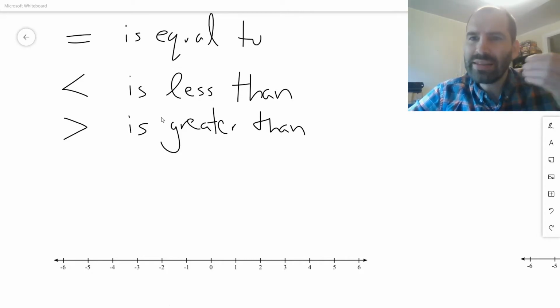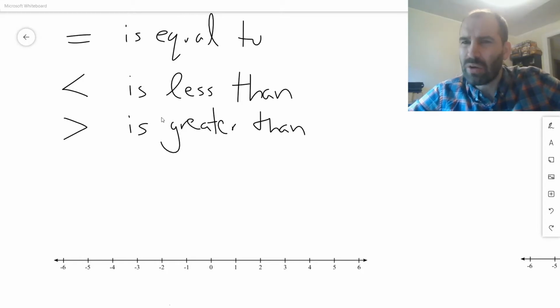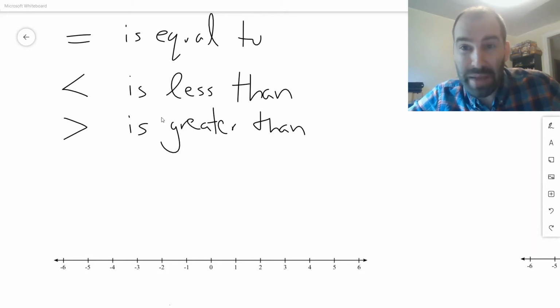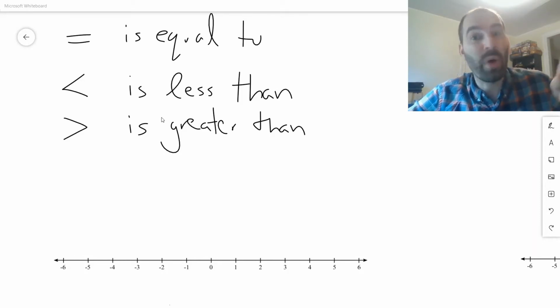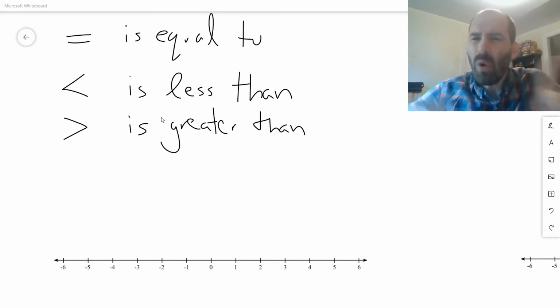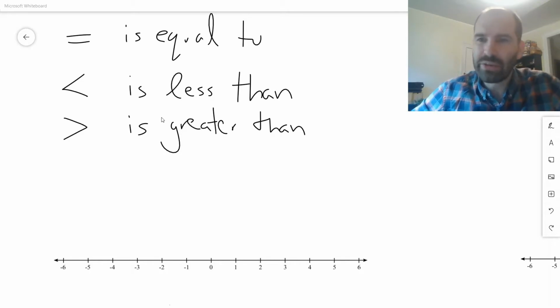When I say no more than, I'm allowing the amount to be equal to. Just as long as it doesn't go over, I'm fine. If I don't want any more than 5 complaints, I'm okay with 5 complaints, but I don't want any more than that. So no more than means less than, or it could be equal to. And so that's the other kind of inequality that we can talk about.